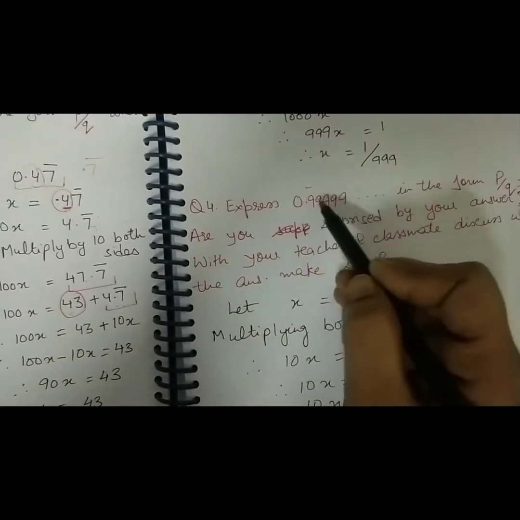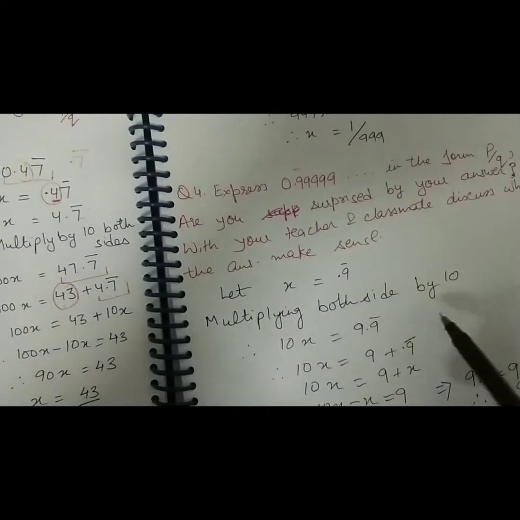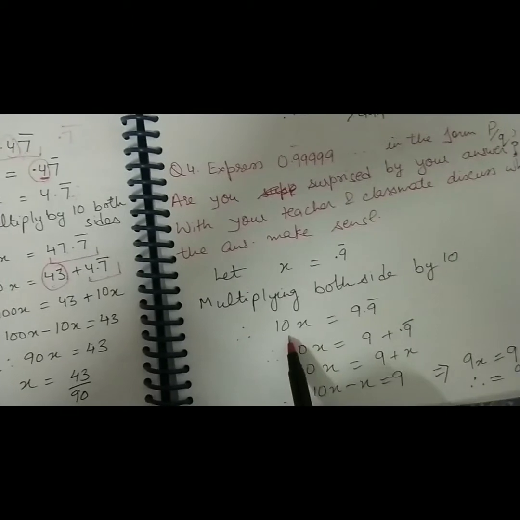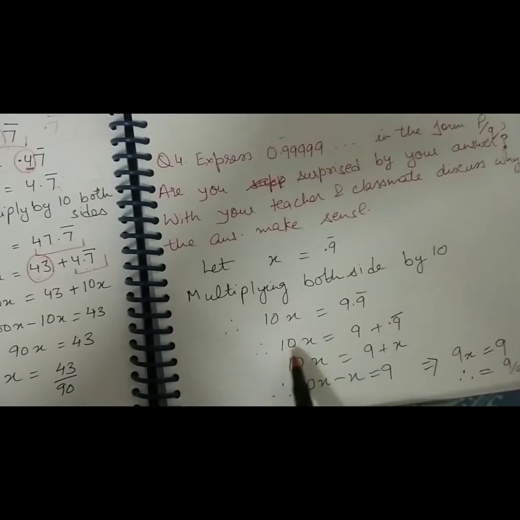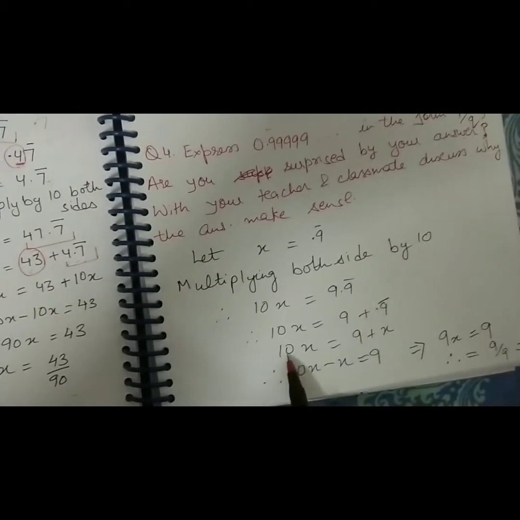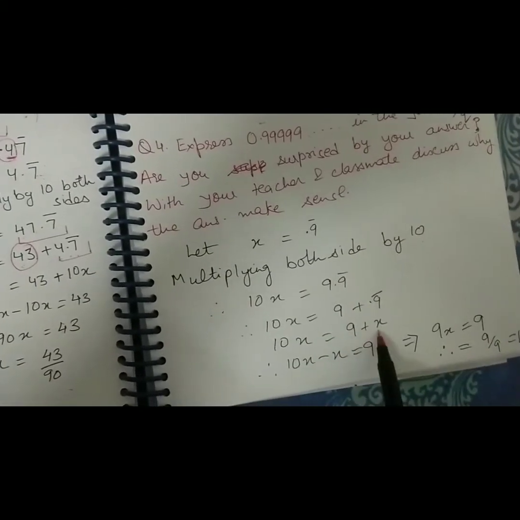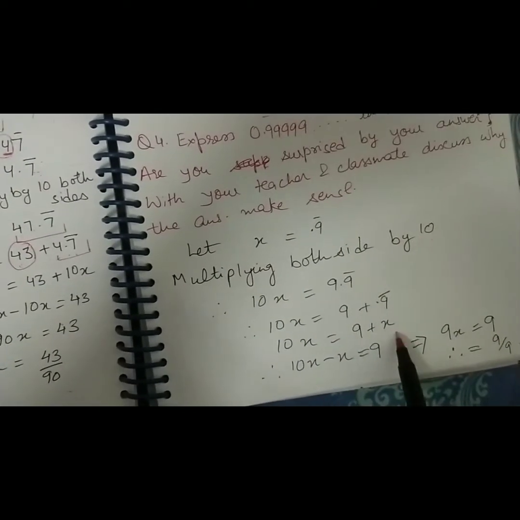As 9 is repeating, it's only one number, so we are going to multiply by 10. Therefore 10x is equal to 9.9 bar. Therefore 10x is equal to 9 plus 0.9 bar, so 10x is equal to 9 plus x.